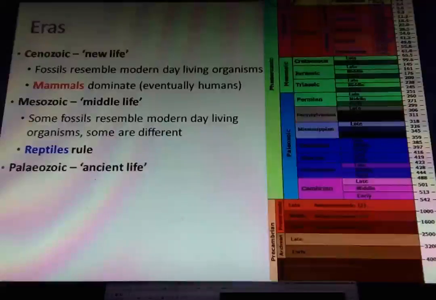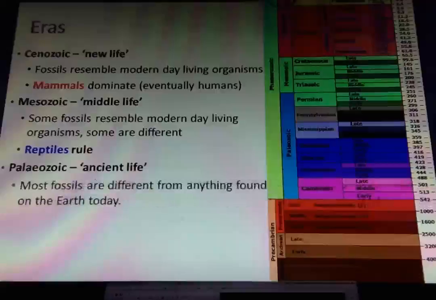The Paleozoic era in the blue here, ancient life. Paleo is ancient. Anything that is being found here, or the vast majority of fossils from the Paleozoic era, do not resemble the types of organisms that exist on Earth today.